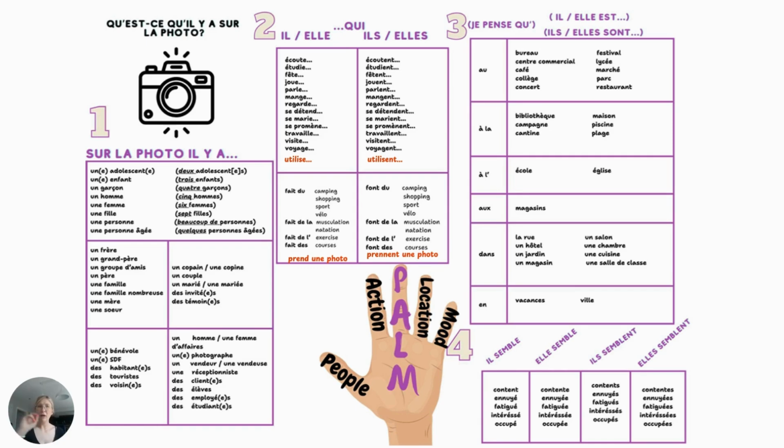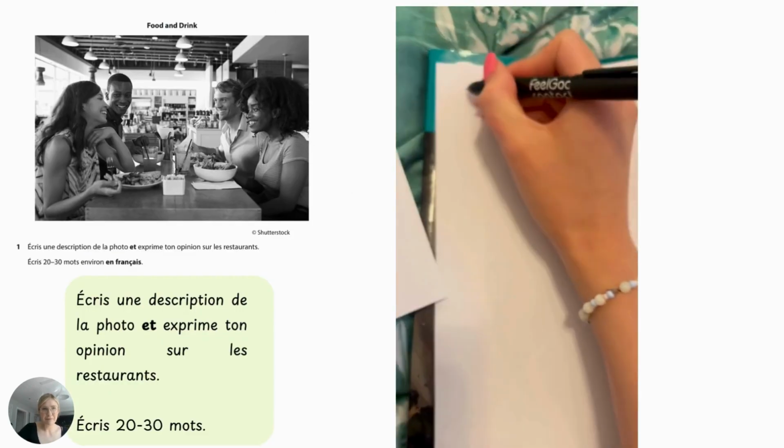Take a picture of this, go away, make sure you know what all of these mean in English, and learn them. So if you would like, take a photograph of this now, and then when we get on to practicing your own photo card descriptions, you can use this if you'd like. But eventually I want you to get to the point where you're not using it because you won't have it in the exam. Okay.